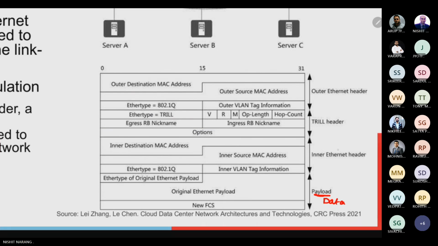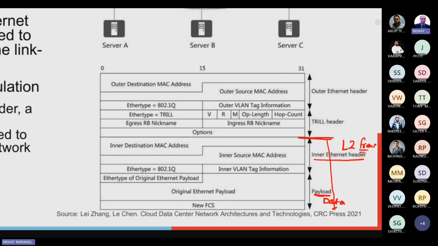On top of it, you have, so what you had was an Ethernet frame. Earlier you were transmitting an L2 frame. This was your L2 frame. So earlier I was just sending this layer 2 frame directly on a layer 2 network, which was the access aggregation part of the network. This was my original L2 frame.